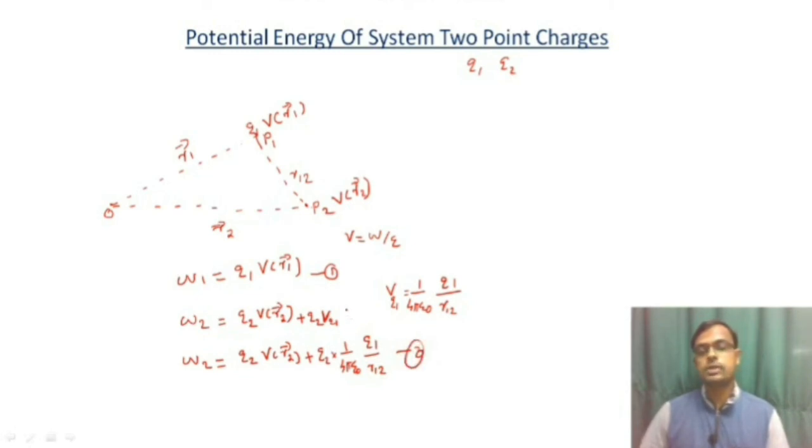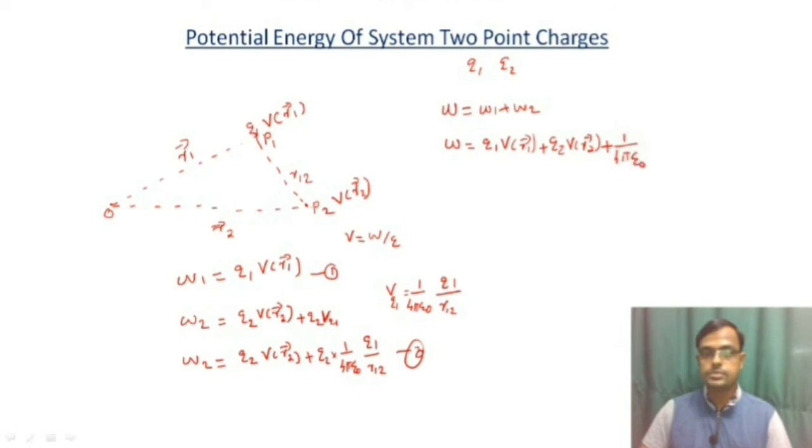Hence, how much work is done here in order to keep this configuration in place? The net work done W is equal to the sum of the two works, W1 plus W2. So W is equal to Q1 into V of R1 vector plus Q2 into V of R2 vector plus 1 by 4 pi epsilon 0 Q1 Q2 divided by R12.